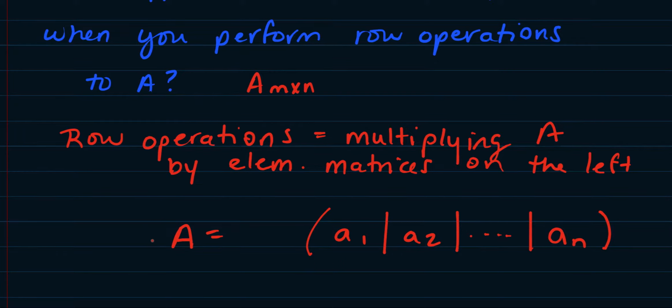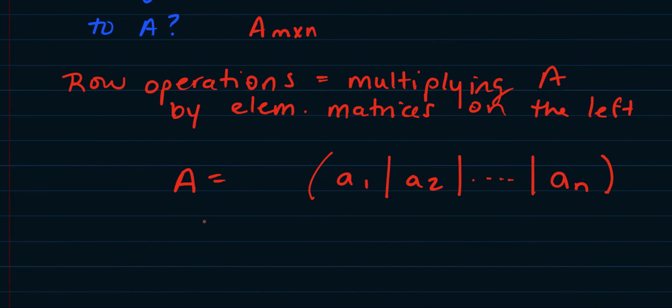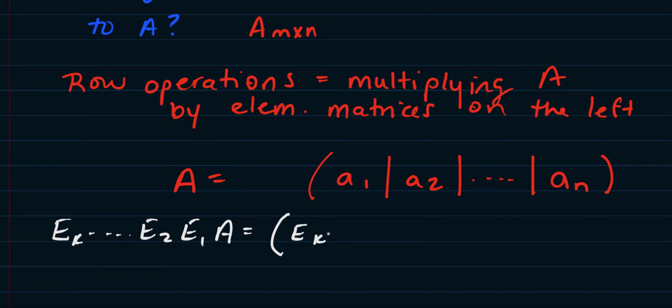And if we multiply on the left by some elementary matrices, let's say we multiply E_k, E_2, E_1, A, that's going to be the same thing as multiplying each one of these columns by these matrices.